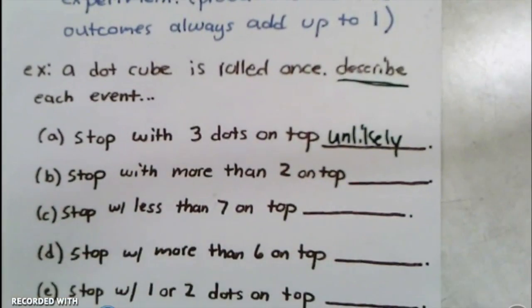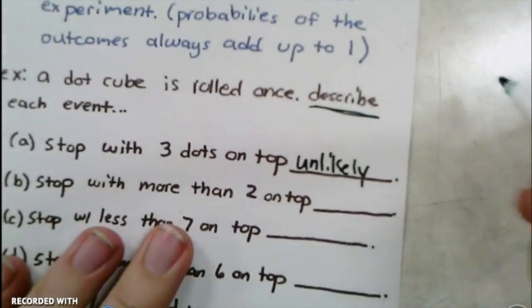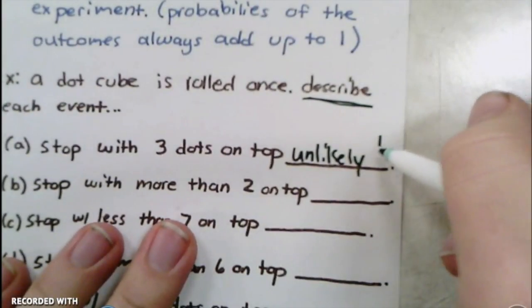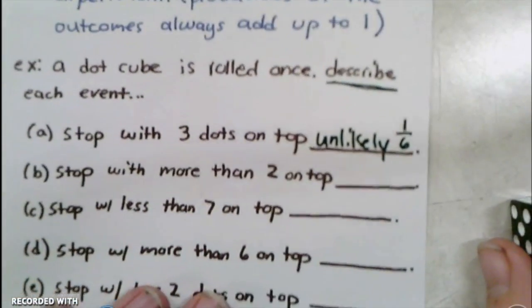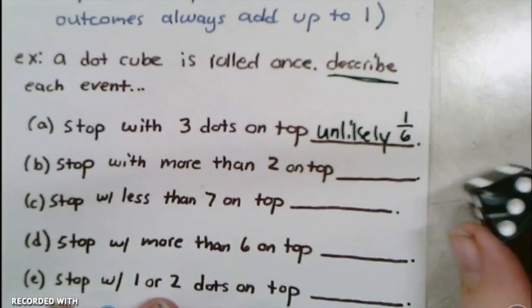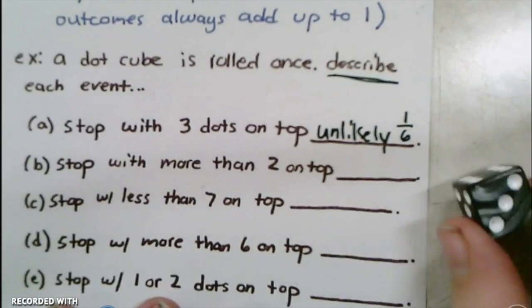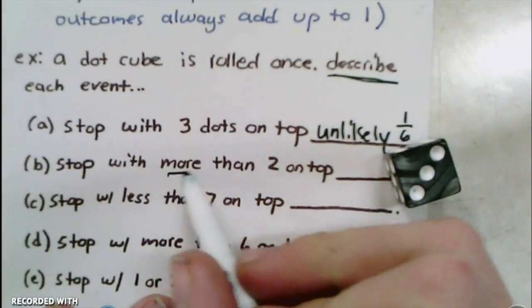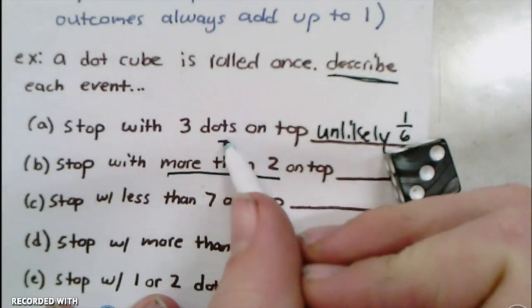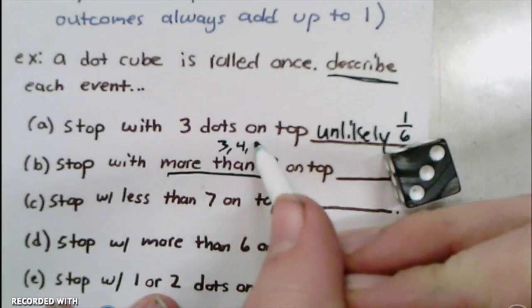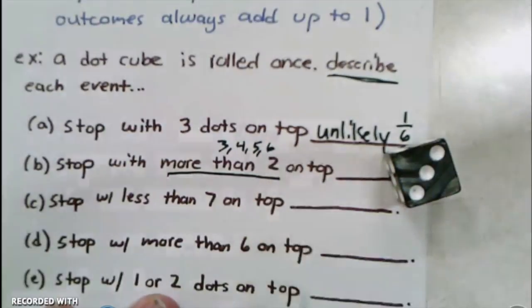What is the probability that it will stop with more than 2 on top? Okay, actually here, why don't we write what it is as a fraction too? So what is the probability that it will stop with more than 2 on top? Well, more than 2 means that it could be a 3, it could be a 4, it could be a 5, or it could be a 6.